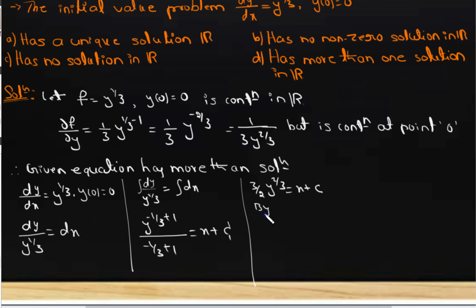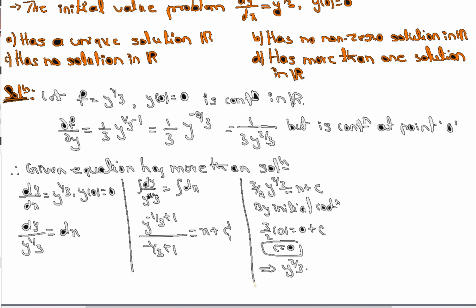By applying the initial conditions, now it will become 3 by 2 into 0 is equal to 0 plus c. In case of x and y, we input 0, we get the constant c equal to 0. It implies that y to the power 2 by 3 is equal to 2 by 3 into x.